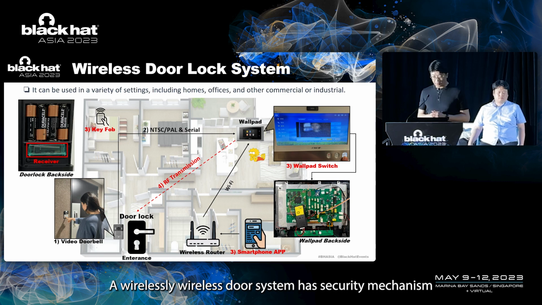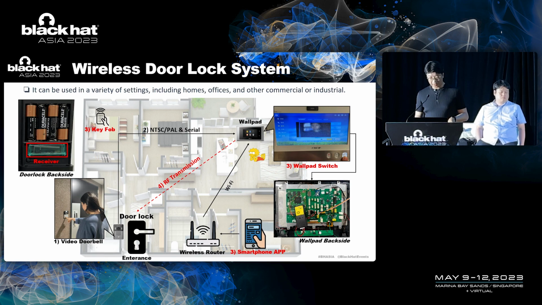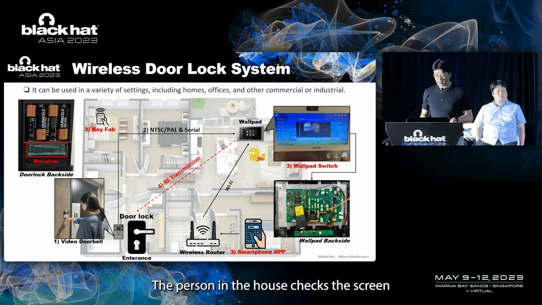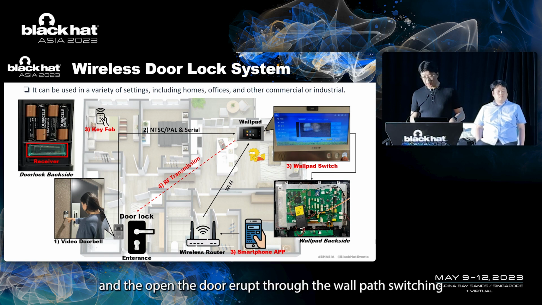A wireless door lock system is a security mechanism allowing access to the door without a physical key. When a visitor rings the doorbell, a request is sent to the wall pad via NTSC, PAL, or serial. The person in the house checks the screen and opens the door lock through the wall pad switch.